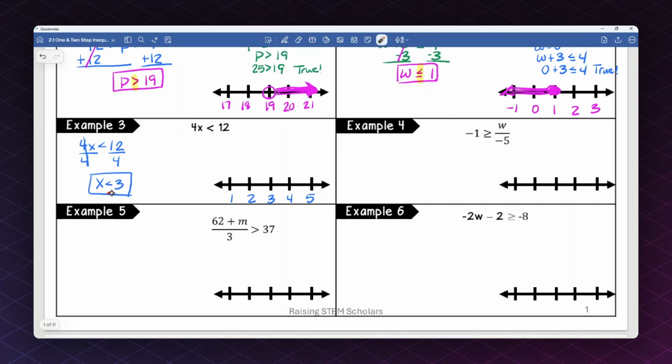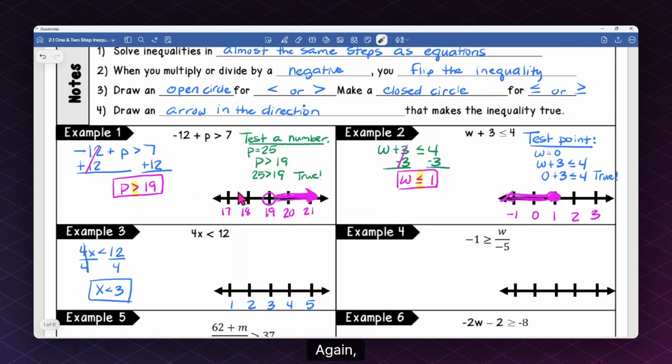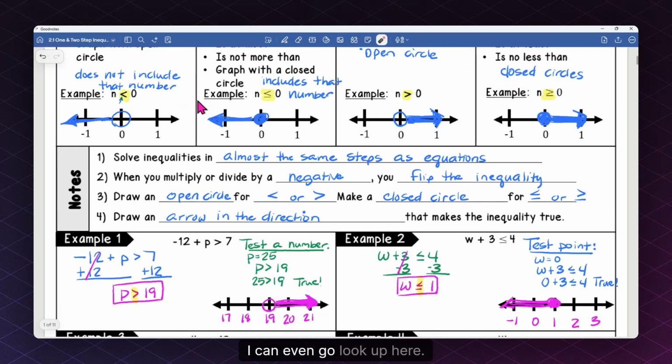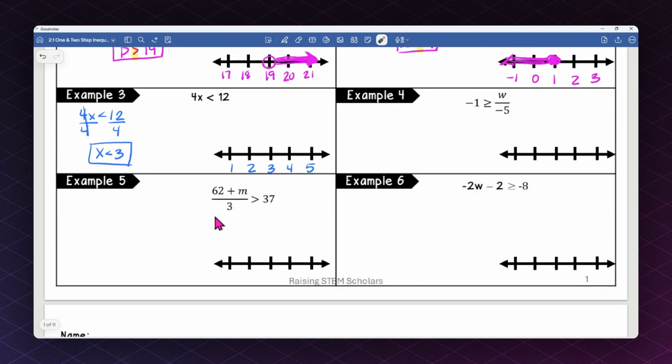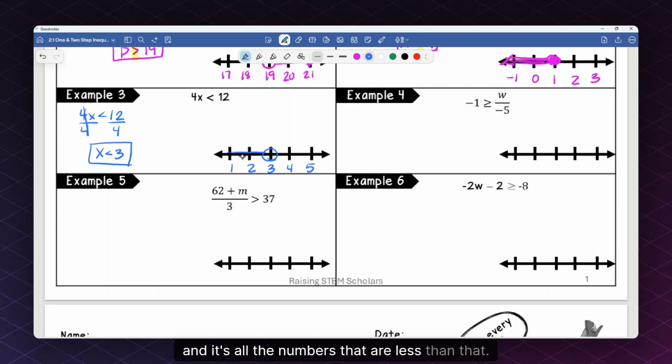This symbol, we can go up here, less than. Let's see, how do we draw that again? Less than, we're going to have an open circle. I can even look up here. For less than, I'm going to have an open circle, and you can see which way I'm shading it. So let's come down here, and I'm going to put my open circle, and it's all the numbers that are less than that.